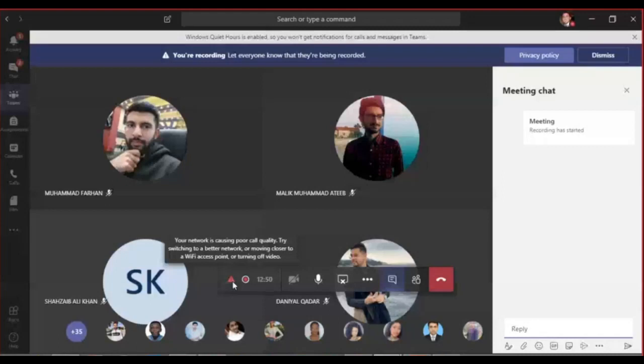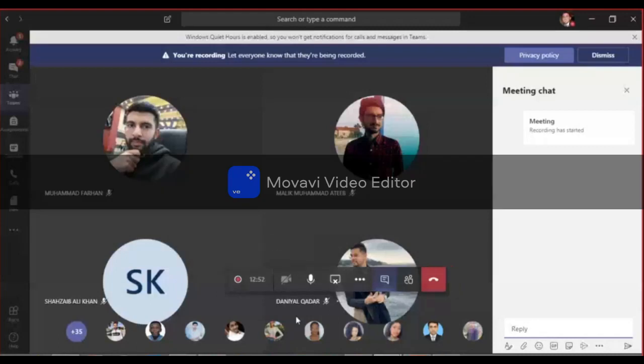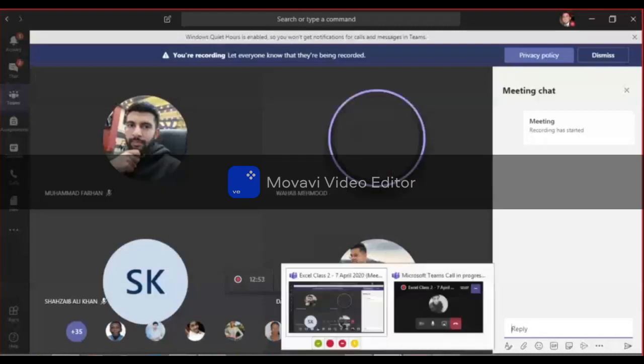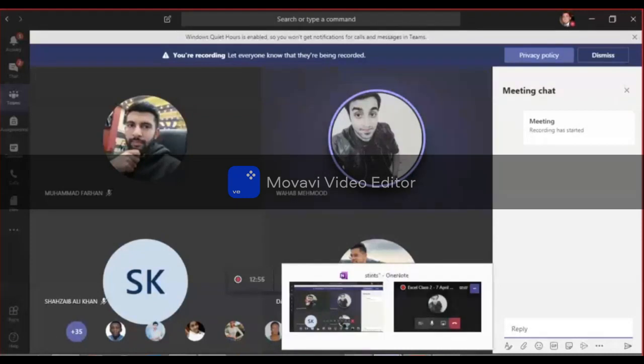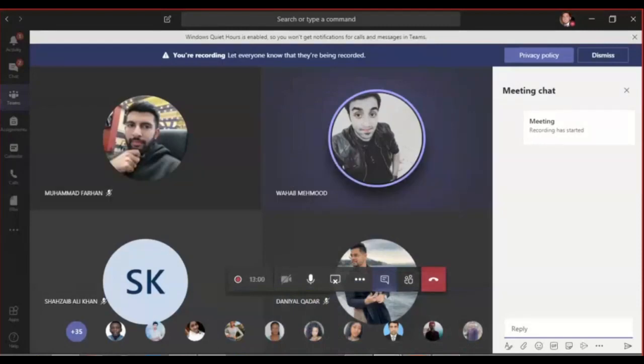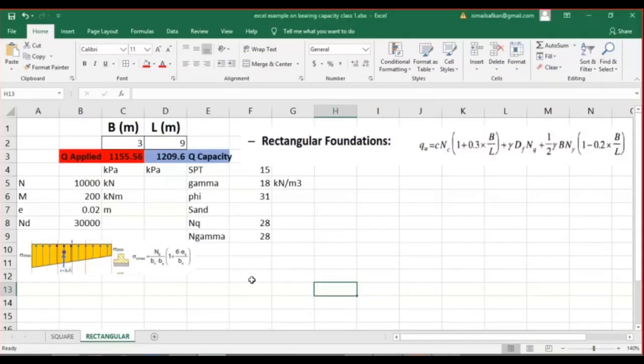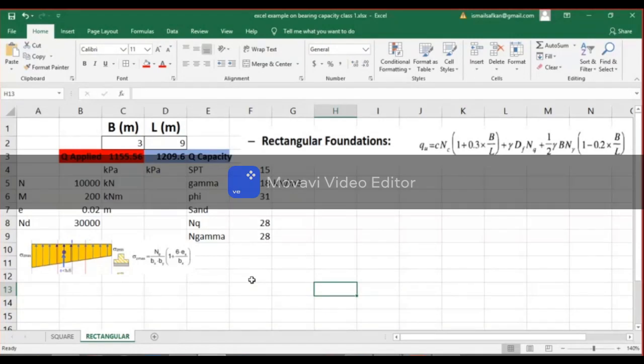Excuse me, sir. Yes. So we will be given with these parameters like B and L in the plan, or we are supposed to do by ourselves, like starting from the minimum value. You always start from the minimum value, which is 1 meter in width. Okay? So you keep increase the value.